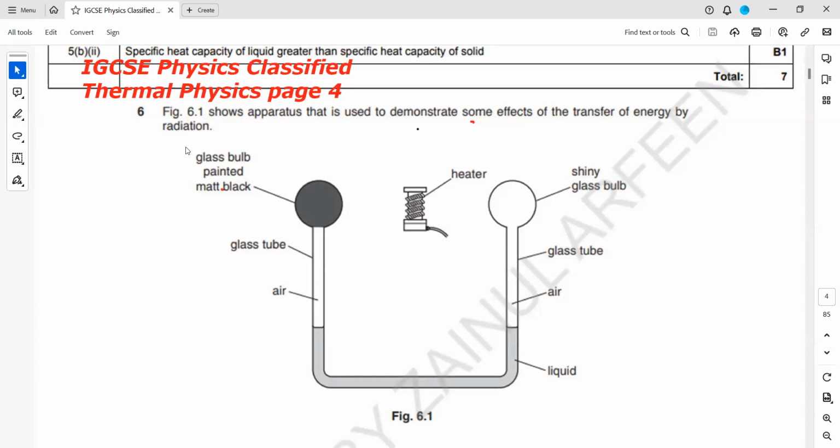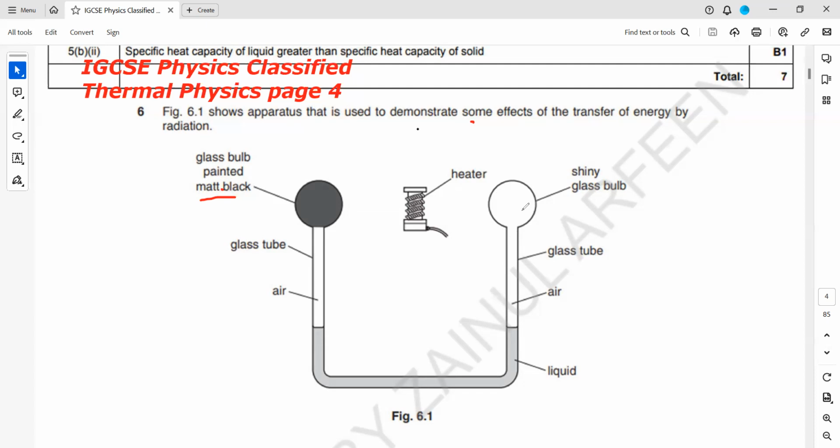Figure 6.1 shows an apparatus that is used to demonstrate some effects of the transfer of energy by radiation. So we use an electrical heater, and two bulbs are there. One is painted matte black, meaning dull black.